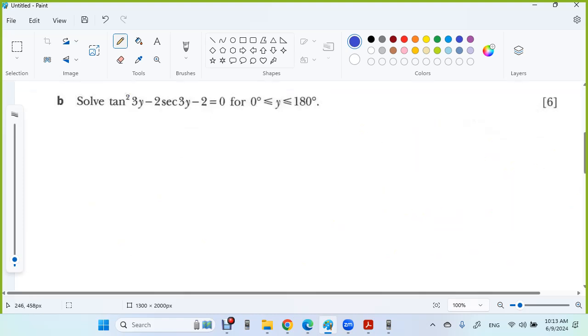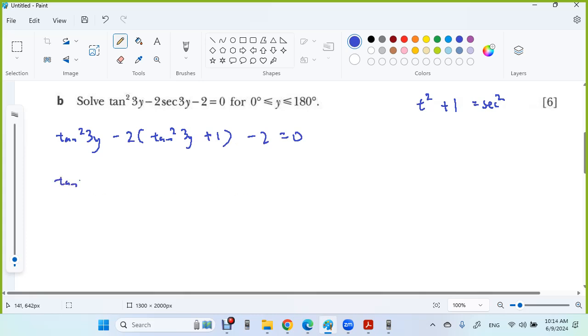Okay, next we need to solve this. We know that tangent square plus 1 equal to the secant square. So the secant square I can substitute with the tangent square plus 1. So we have tangent square 3y plus 1 minus 2 equal to 0.